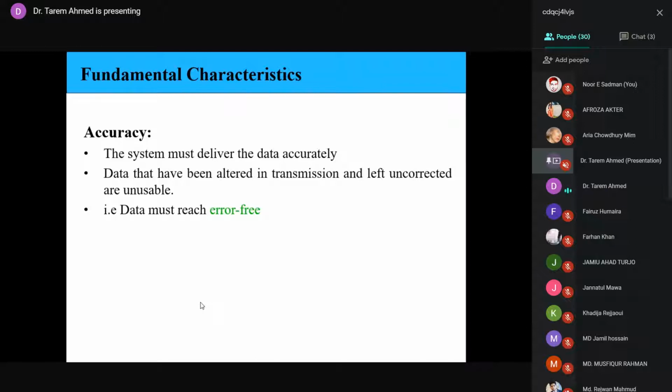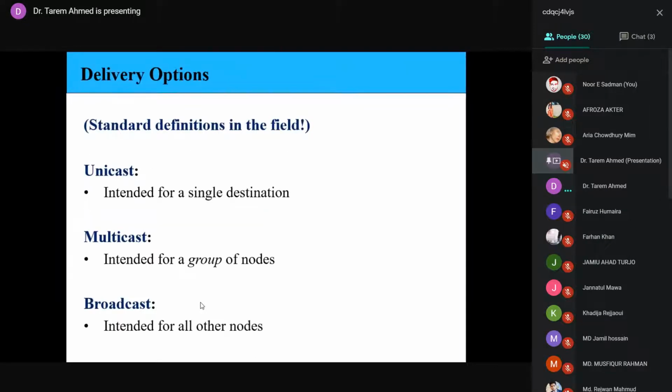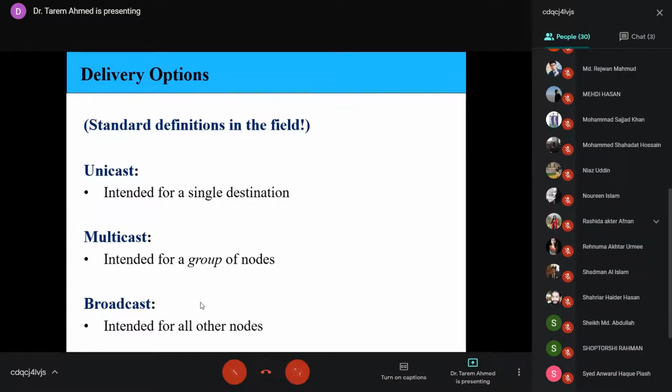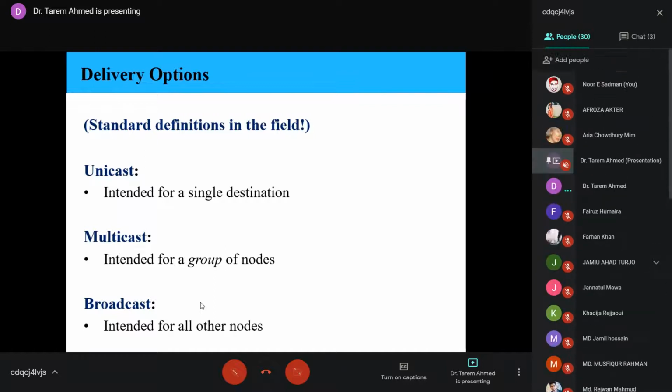Sir, I have a question. Yes, please. Sir, we are doing class now, so this is called multicast, right? Like we are in a group and you are delivering as the communication system. From IUB's perspective, this is multicast.